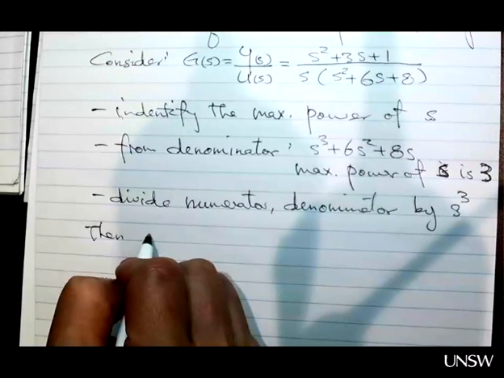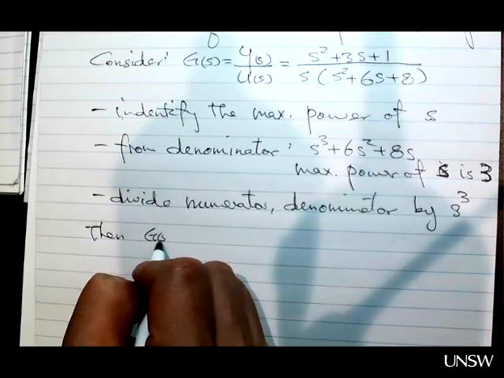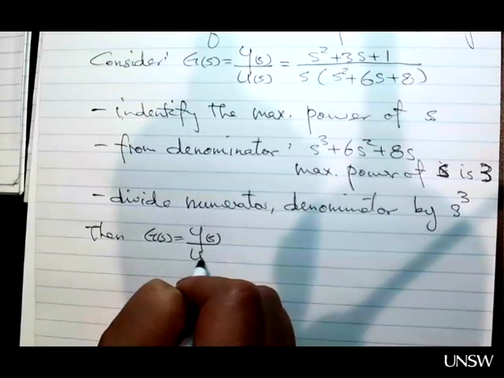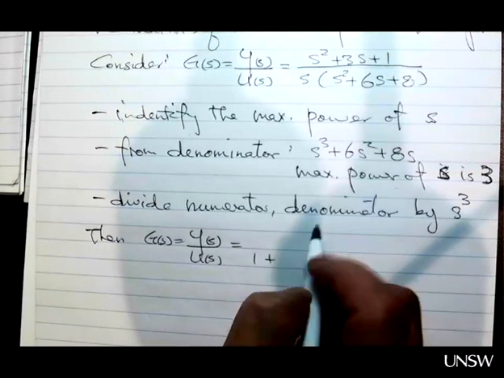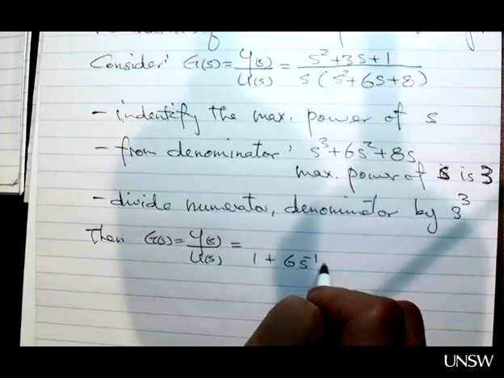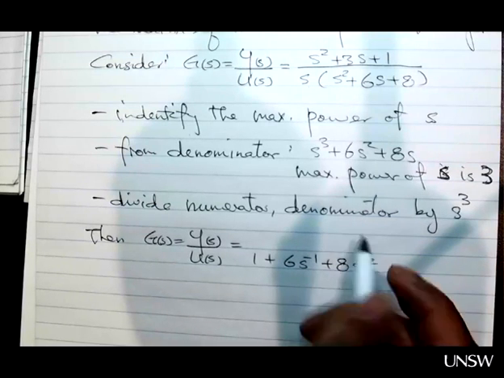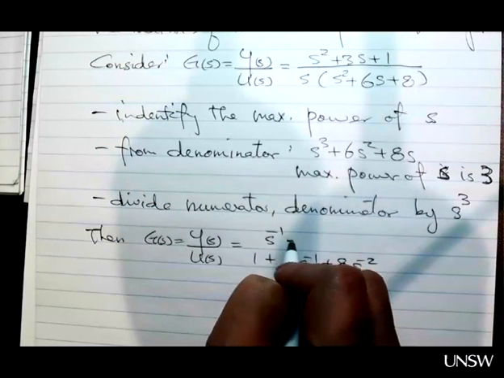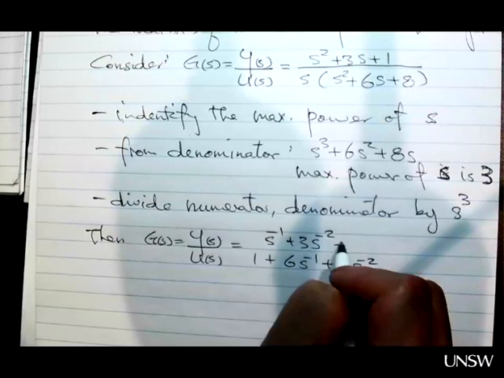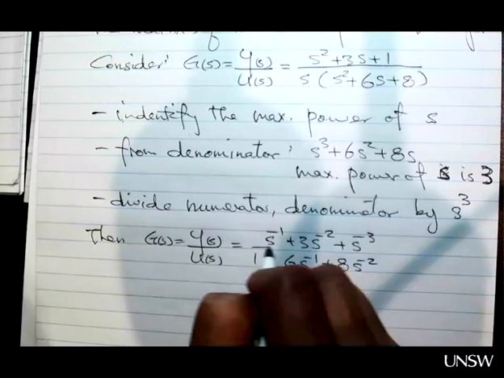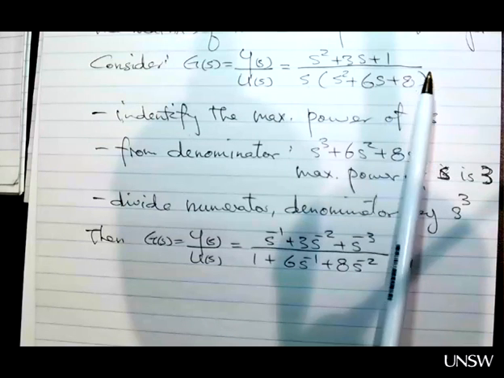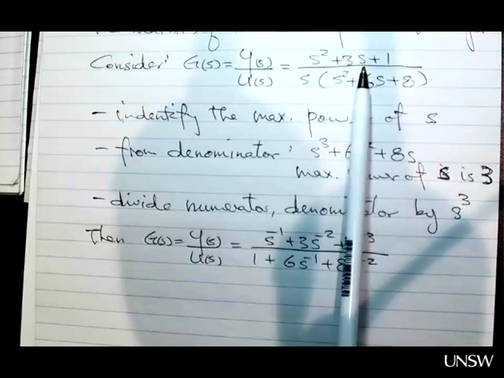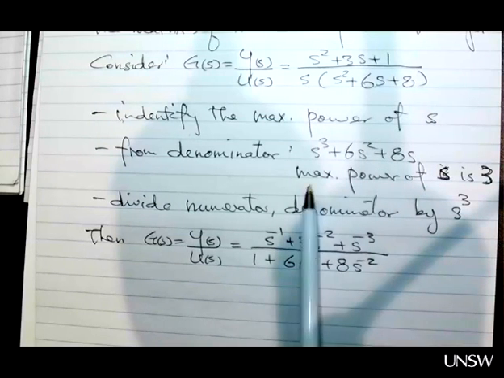Then the transfer function becomes one over one plus 6s to the minus 1 plus 8s to the minus 2 plus 3s to the minus 2. We just change the transfer function from this form to another form.